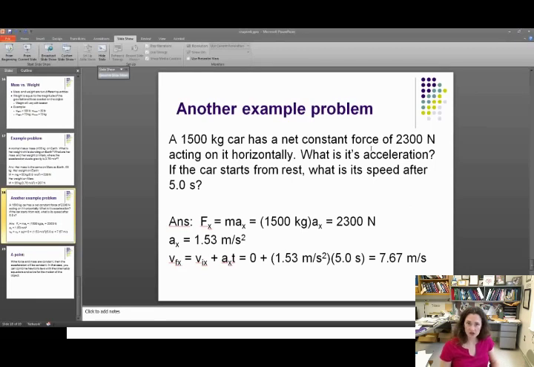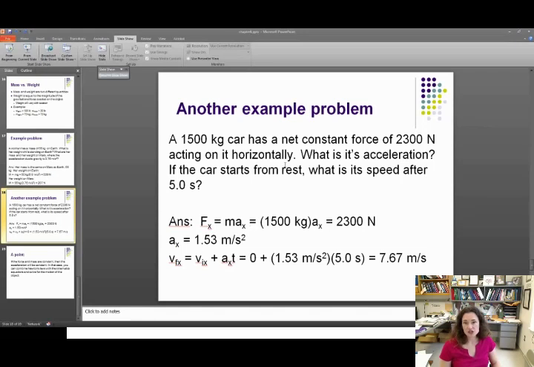To solve for the acceleration, we use Newton's second law, F equals ma. So 2,300 newtons is equal to the mass times the acceleration, which is 1,500 kilograms times the unknown acceleration, a sub x. Dividing 2,300 by 1,500, you get an acceleration of 1.53 meters per second squared. So that's our acceleration.